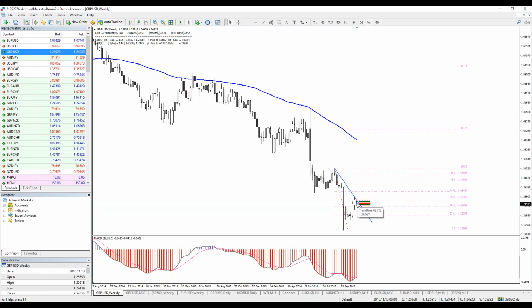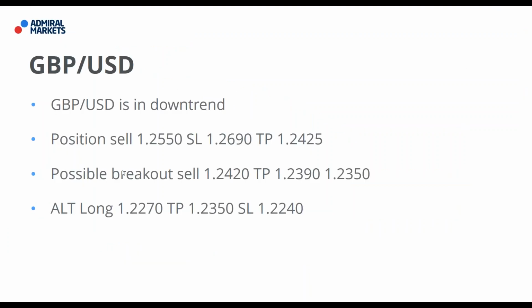So this is the weekly sell happening. The 4 hour needs to close below 1.2438, let's say 1.2435, in order for pound dollar to proceed lower. But it's currently a sell position. So I would go for a sell.